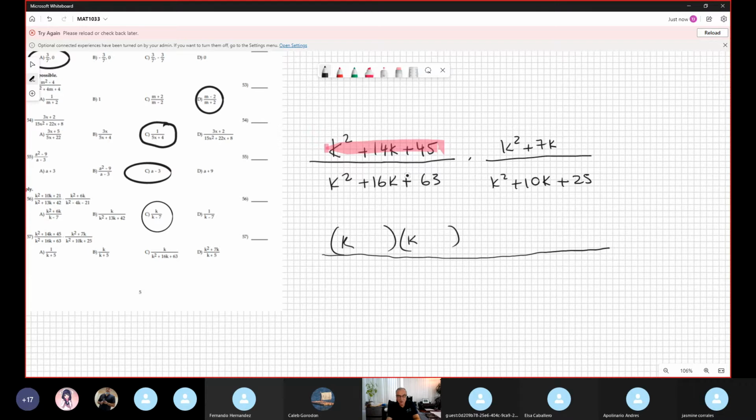What is the combination that gives me 45 and 14? Open the door for this trinomial. Okay, 45 and 14: 9 and 5. Super cool. 9 and 5, she said. And what sign? Positive, both.